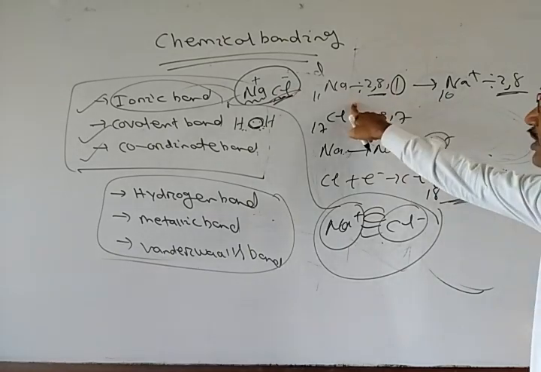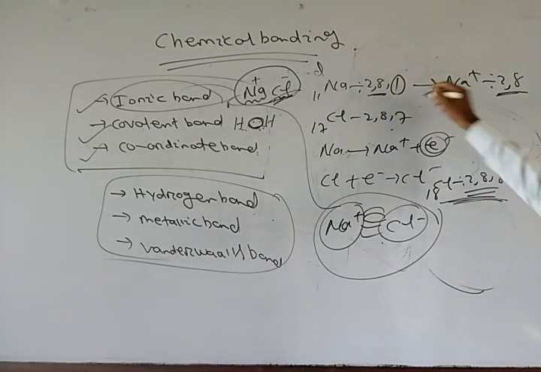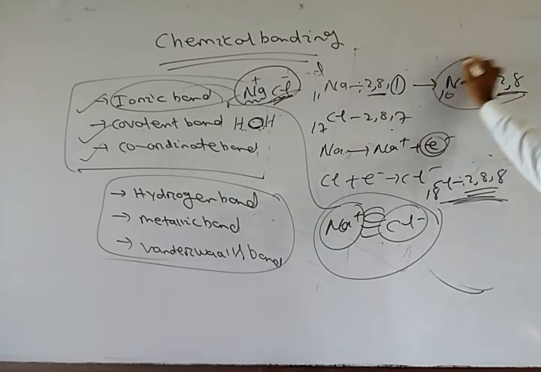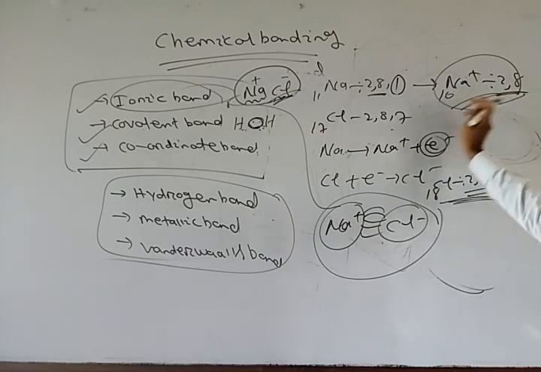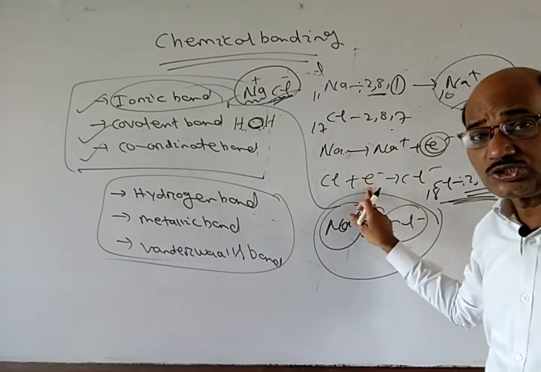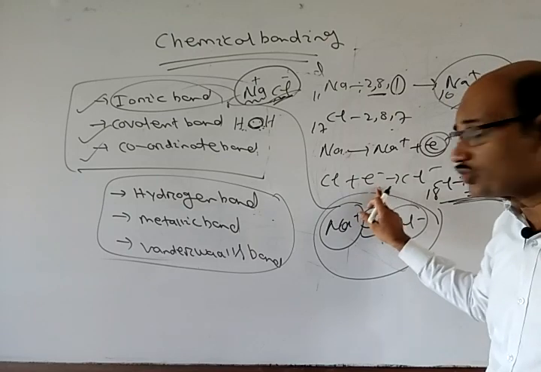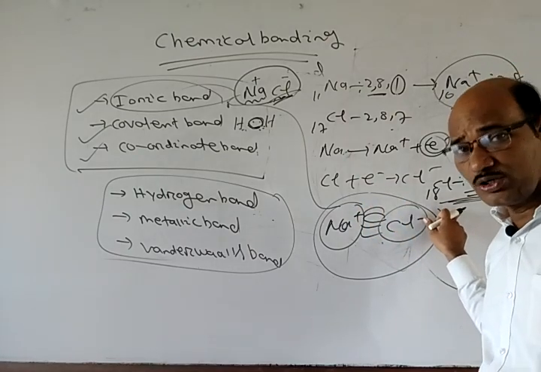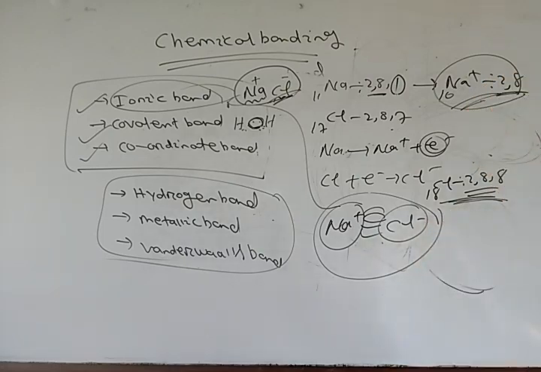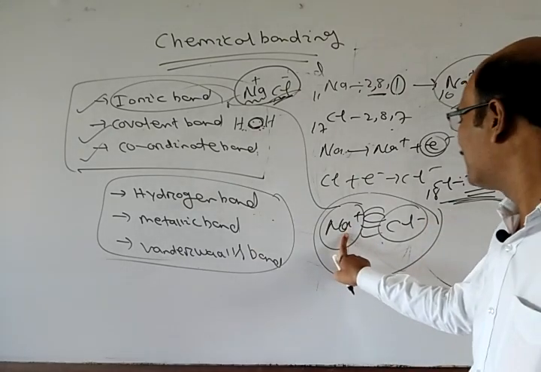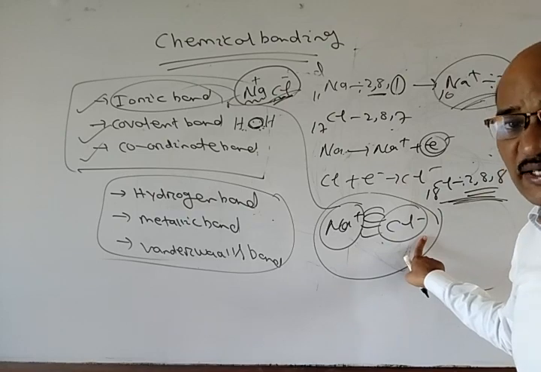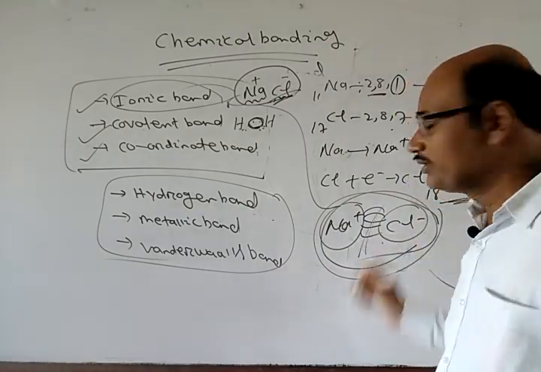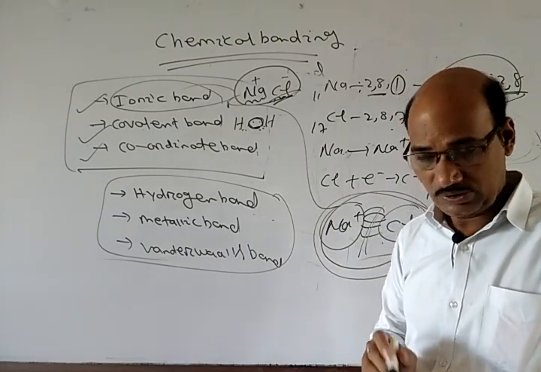So sodium by giving an electron attains the configuration of neon, 2,8 as Na plus, and chlorine by taking the electron from sodium becomes 2,8,8, the stable configuration of argon. Now between Na plus and Cl minus there is a force of attraction. This is called the ionic bond, and this force is the electrostatic force of attraction. Clear?